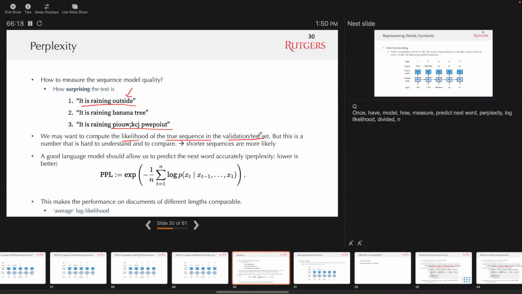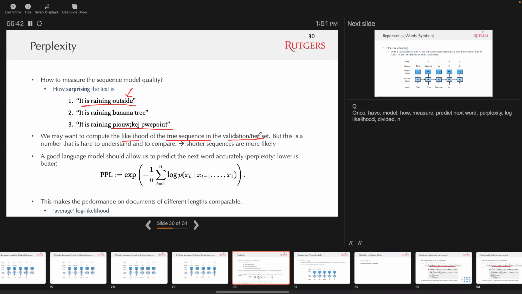But one tricky thing is that sentences have different lengths. The likelihood is going to be the product of many terms. If you have 3 words, it's going to be the product of 3 terms.